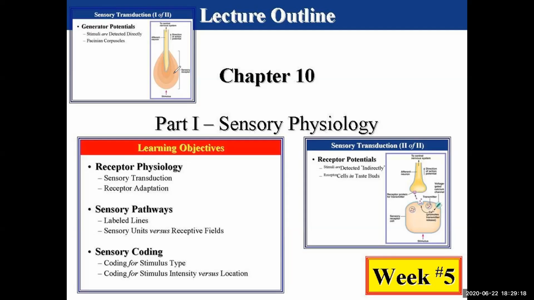And you've seen these receptors from Bio-31 anatomy. For example, the Pacinian corpuscles, also known as lamellated corpuscles. These Pacinian corpuscles detect mechanical stimuli, for example, deep pressure on the surface of your skin.